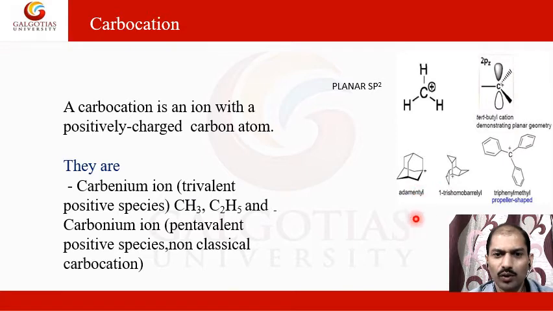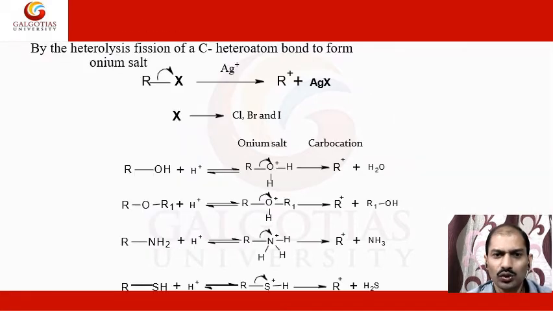There are many more examples of how the carbocation is formed, and they have great importance during the course of a reaction. There are a number of techniques for their formation. You can synthesize the carbocation from alkyl halides, and likewise from other reactions, like alcohols such as methyl alcohol.